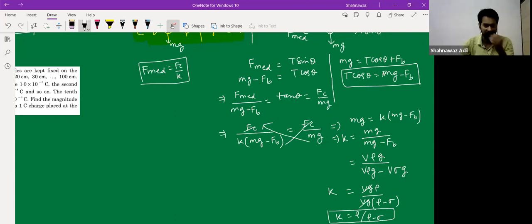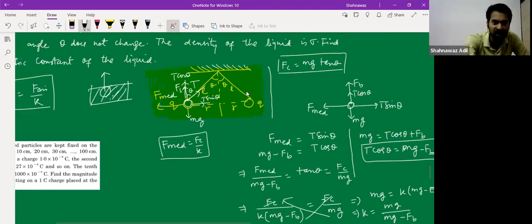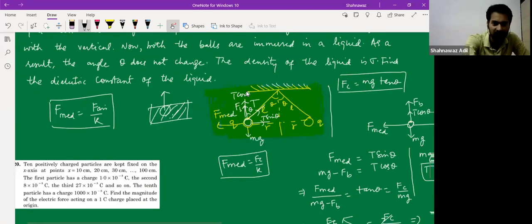Any doubt, guys? Any question, any doubt? Please note down this part. Where should I put the screen?